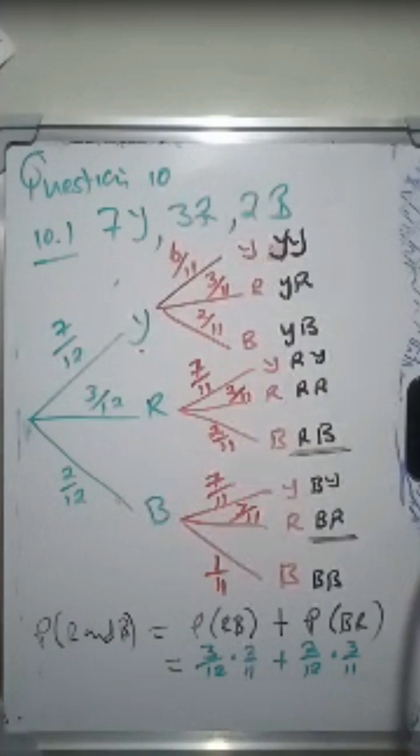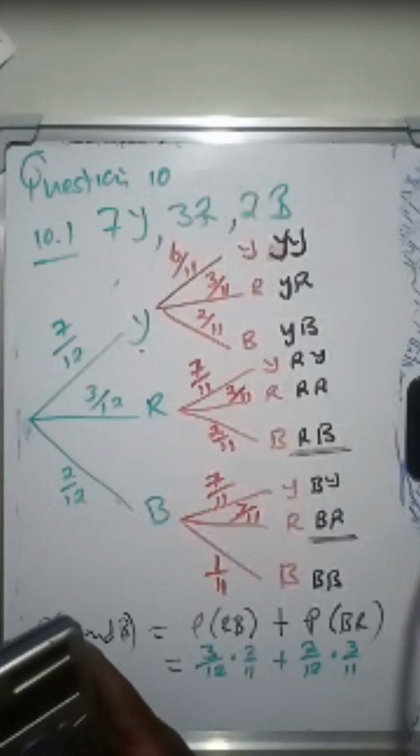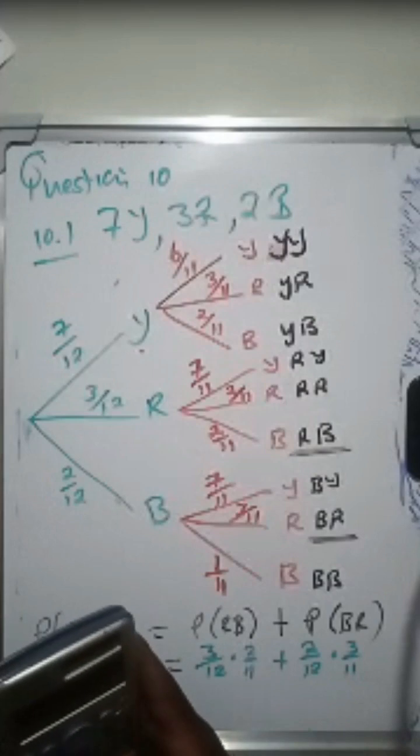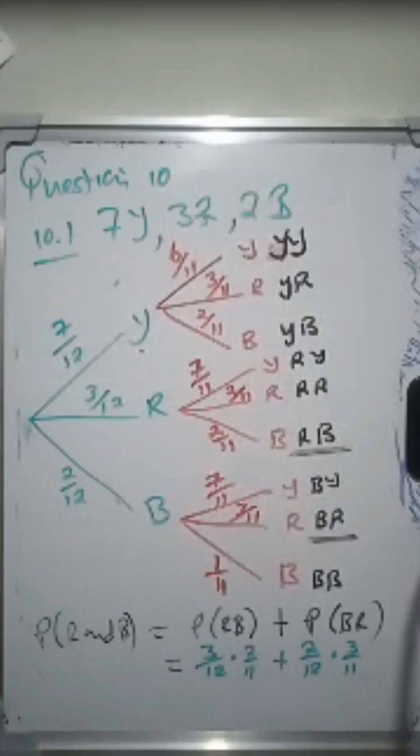So you take your calculator there, then you calculate. 3 over 12 times 2 over 11 plus 2 over 12 times 3 over 11. So the answer is going to be 1 over 11.